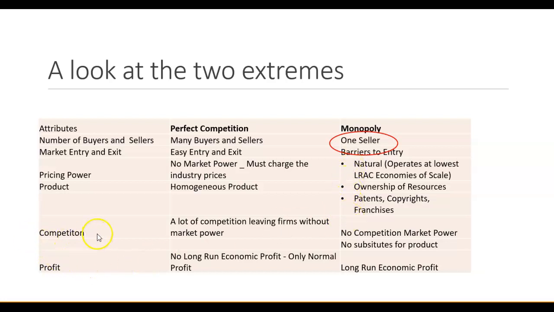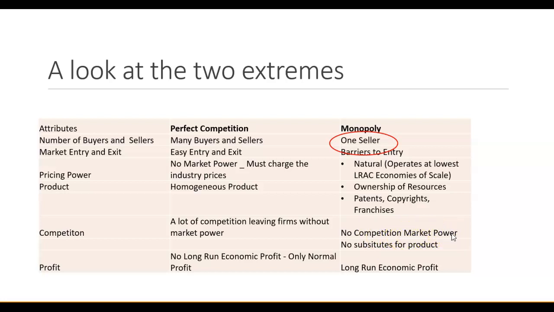With respect to competition, under perfect competition, as we saw, there are so many businesses that an individual firm basically cannot compete. They have to charge the market price. But under monopoly, since there's only one seller, that company can charge whatever it wants. So it basically has no competition and it has market power.